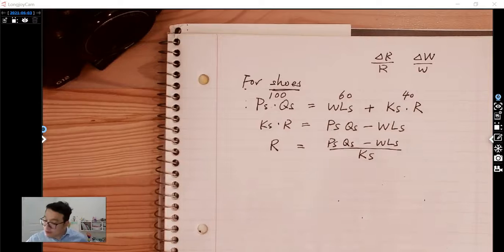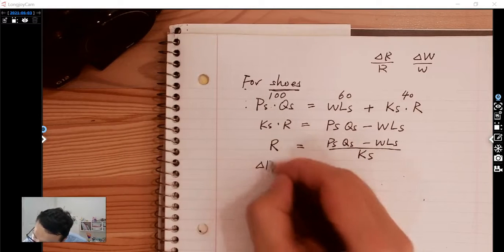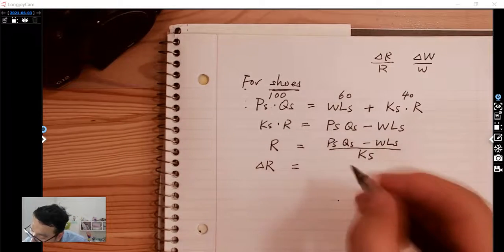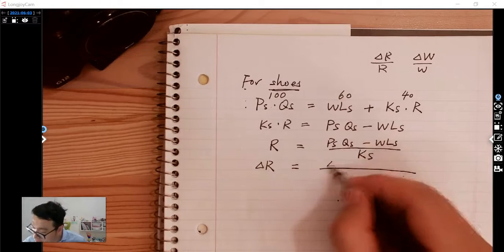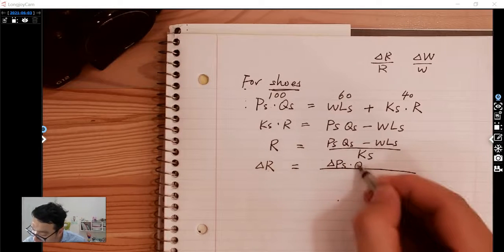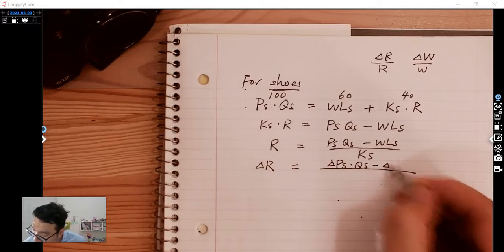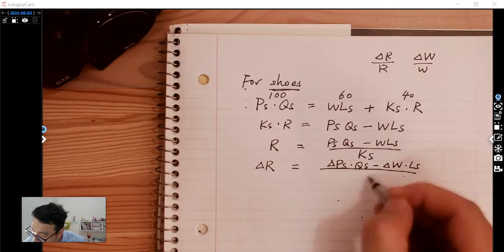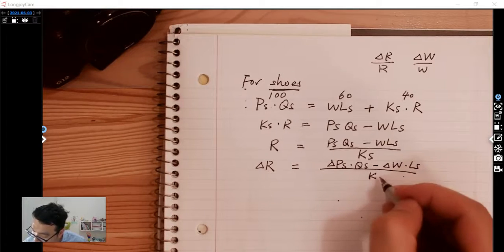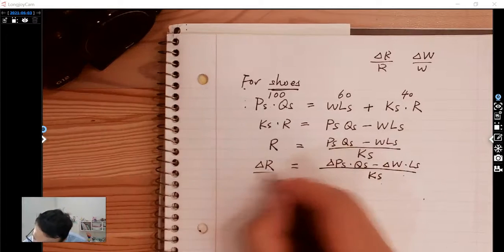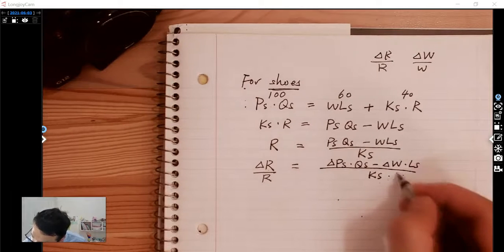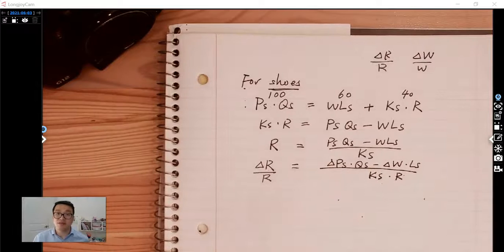And the third step, if you remember, we will find the change in rental, and that change in rental comes from the other two price changes: the change in price of shoes times QS minus the change in the wage rate times LS, divided by KS. All right. And then the next step is we will divide both sides by R to make the left-hand side what we need, the percentage change in rental.